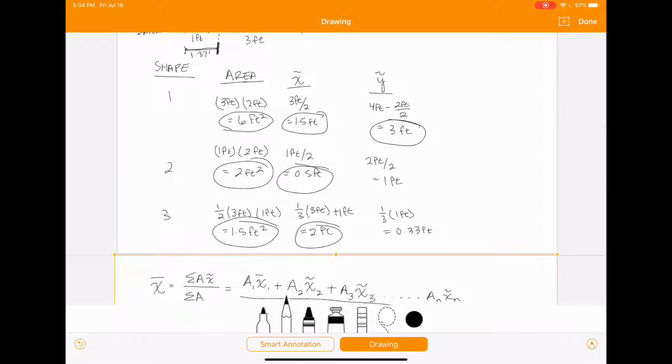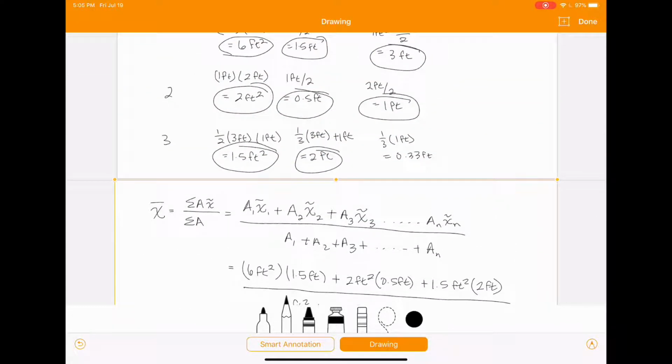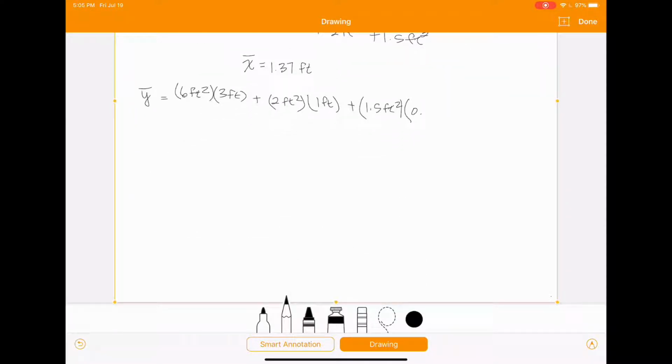Multiply that by y tilde 2, which is 1 foot. Add that to area 3, which is 1.5 feet squared. Multiply that by y tilde 3, which is 0.33 feet.